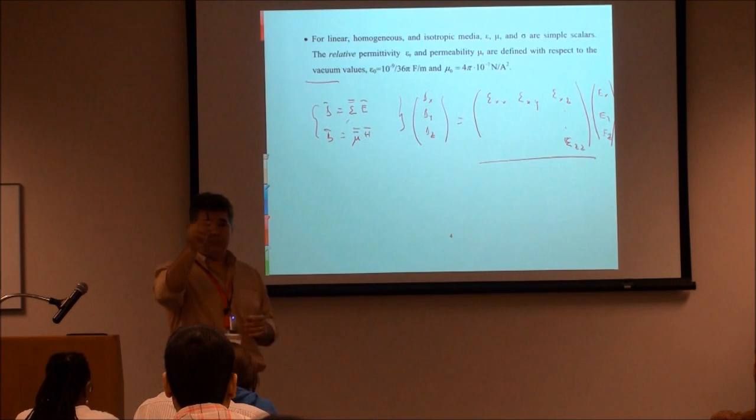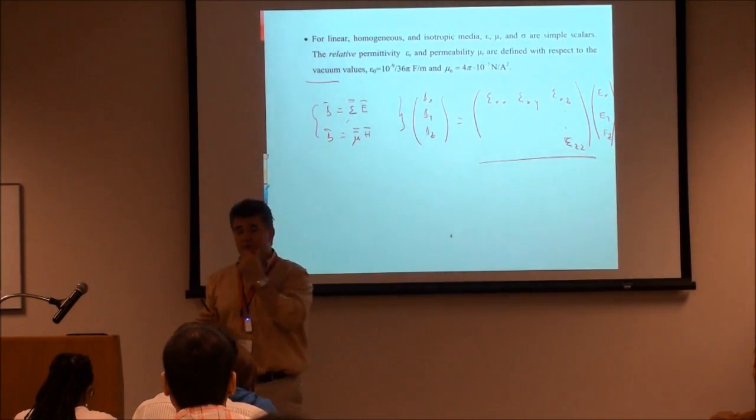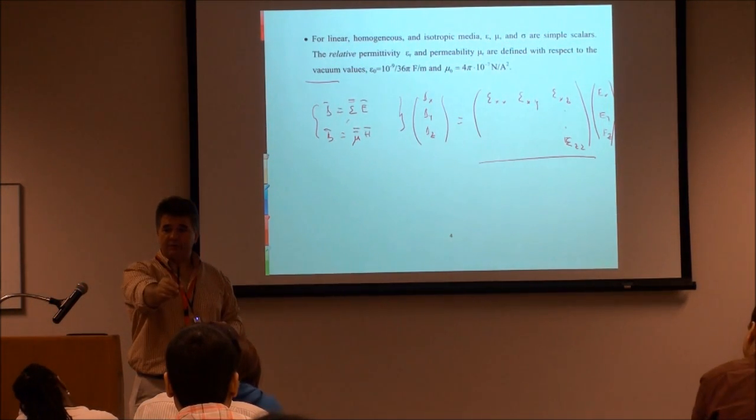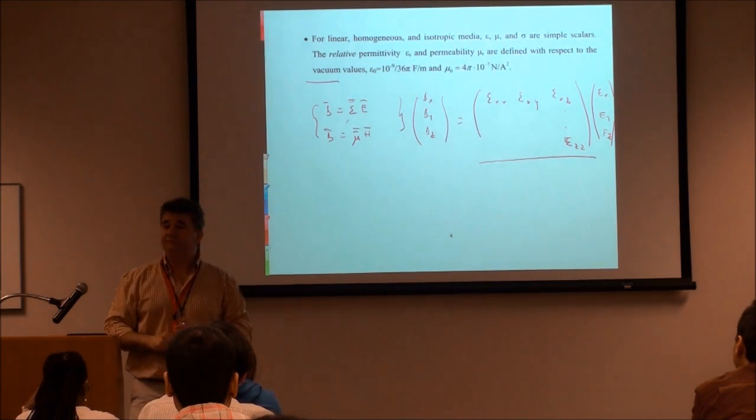In other words, if I apply my electric field to the crystal, this is crucial for crystals where some of them are highly anisotropic. If I apply my electric field along the x direction or along y or along z, I get different things.